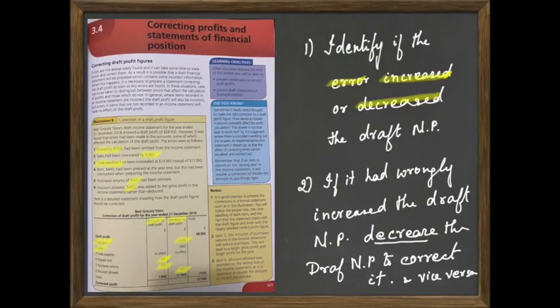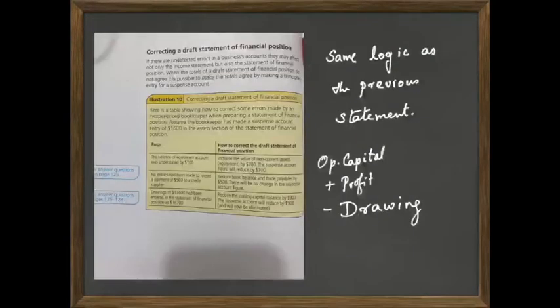So now the draft net profit is 68,300 as written here. 68,300 minus 720, you get 67,580, which is your corrected profit. Actual profit should have been 67,580. Moving on. Same logic for correction of the statement of financial position.